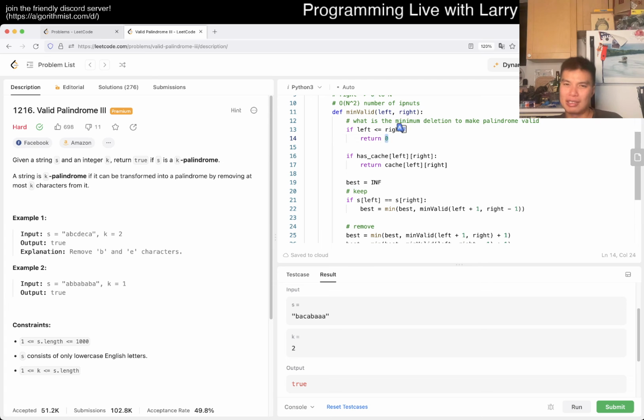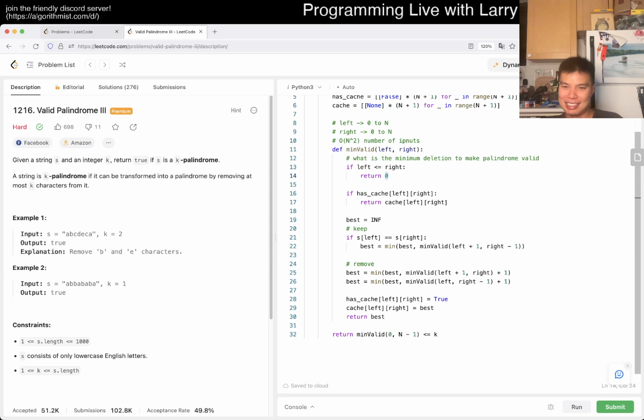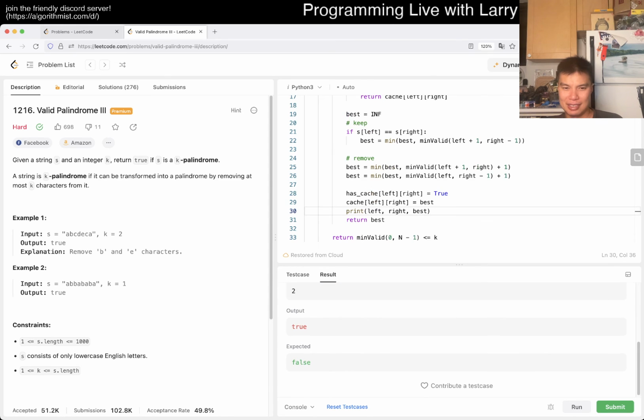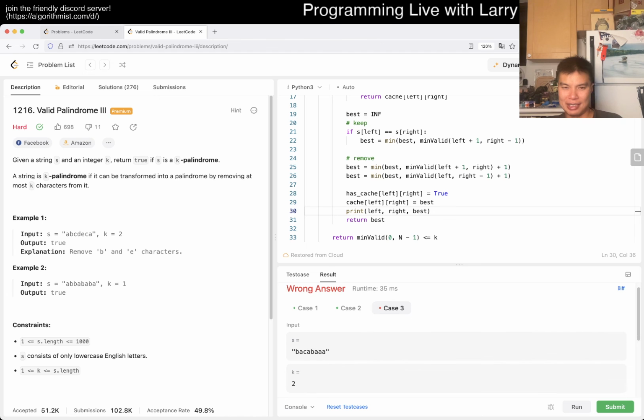If you have one character left, should be right. Left minus 1. Yep. We move the right. Left, right. Yep. Huh. I am stumped, to be honest. It thinks that you can do this in... How come this is not printing anything?